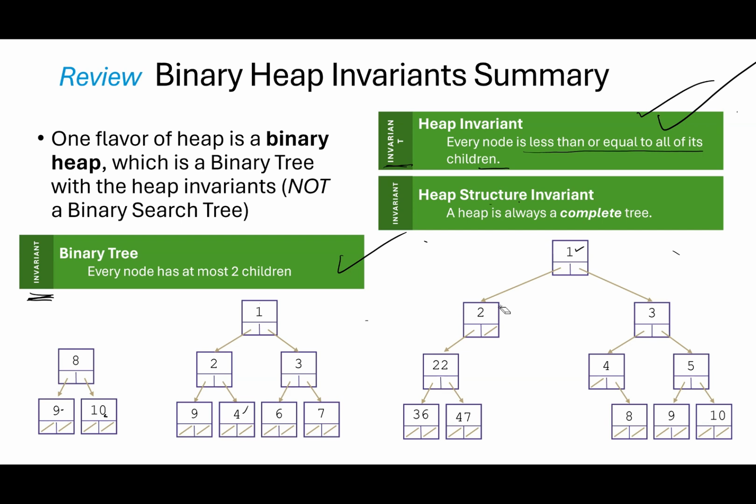So all the levels have to be full, but in the lowest level, if you have some empty nodes, you have to keep filling from the left. So now see, is it a complete tree?